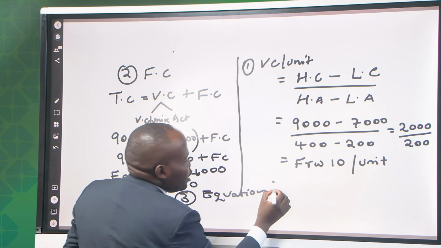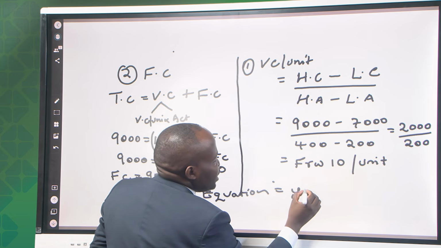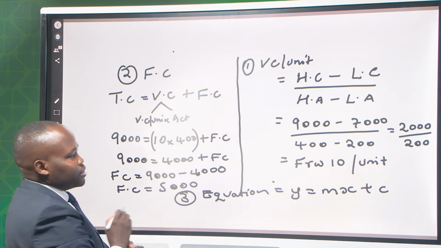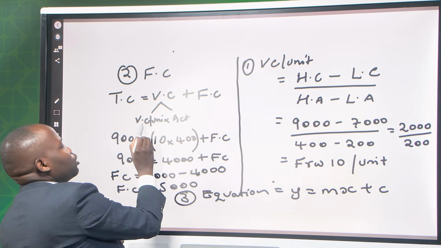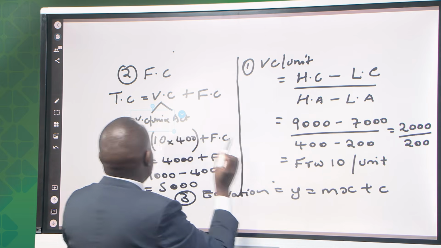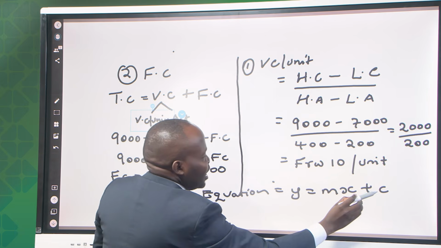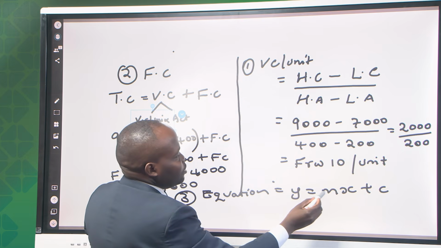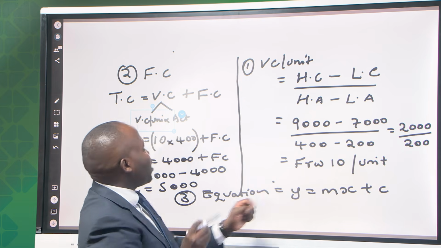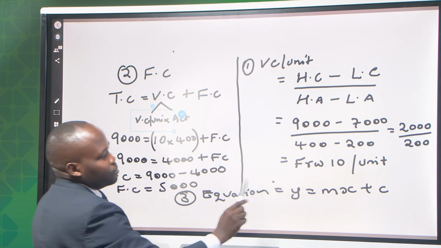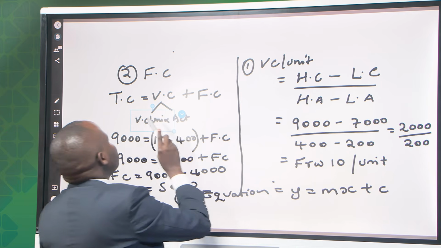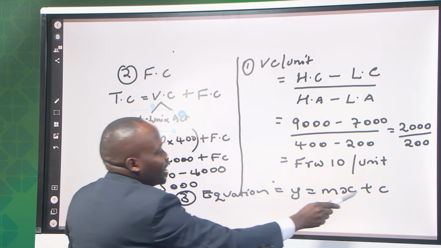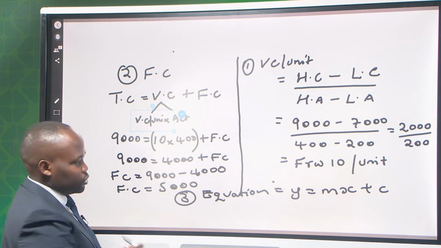Now, the primary equation is always y = mx + c, where y is the total cost, m is the variable cost per unit, x is the activity level, and c is the fixed cost. I'm repeating, the equation y is equal to mx plus c. Y represents the total cost. M represents the variable cost per unit. X represents the activity level. And C represents the fixed cost.